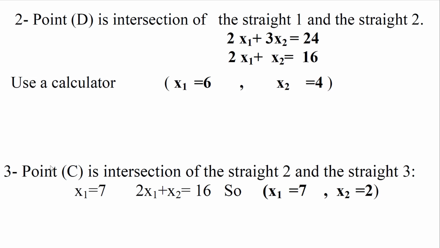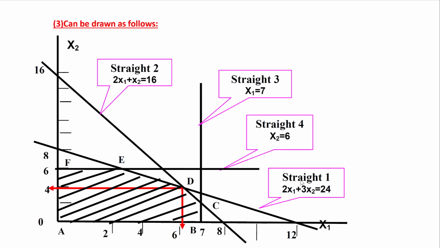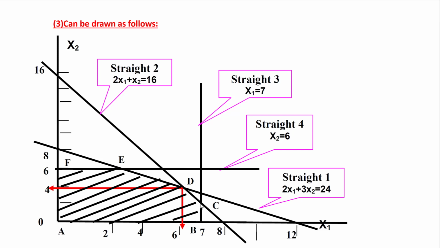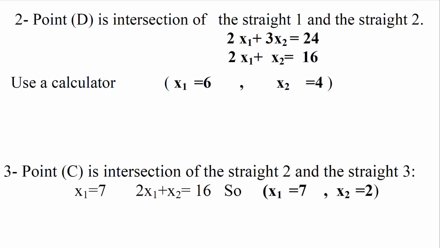Again, we do the same with point C, which is the intersection between line 2 and line 3. Line 3 is x1 = 7 and line 2 is 2x1 + x2 = 16.